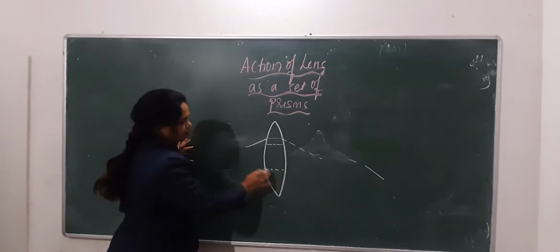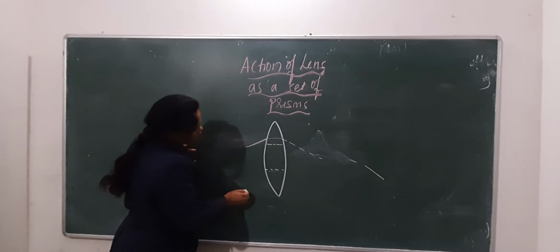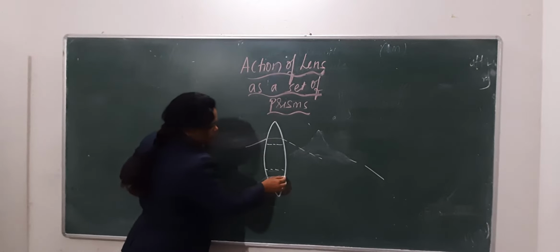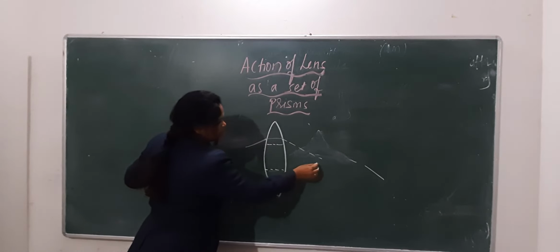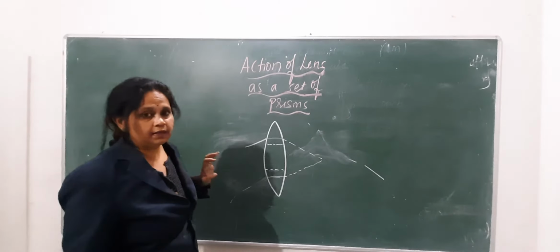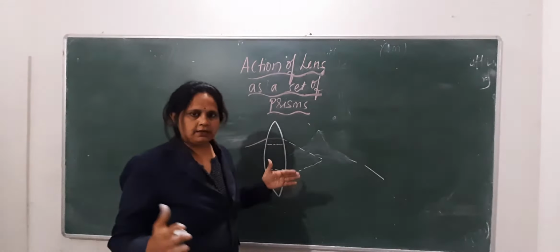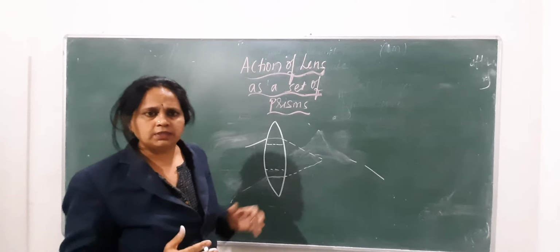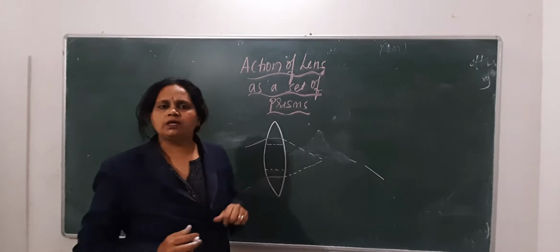Similar thing happens with this also. Whenever the ray of light enters, it travels parallel to it and bends towards the base. So what has happened? The rays of light are converging. Why is the lens called converging? The secret is over here.